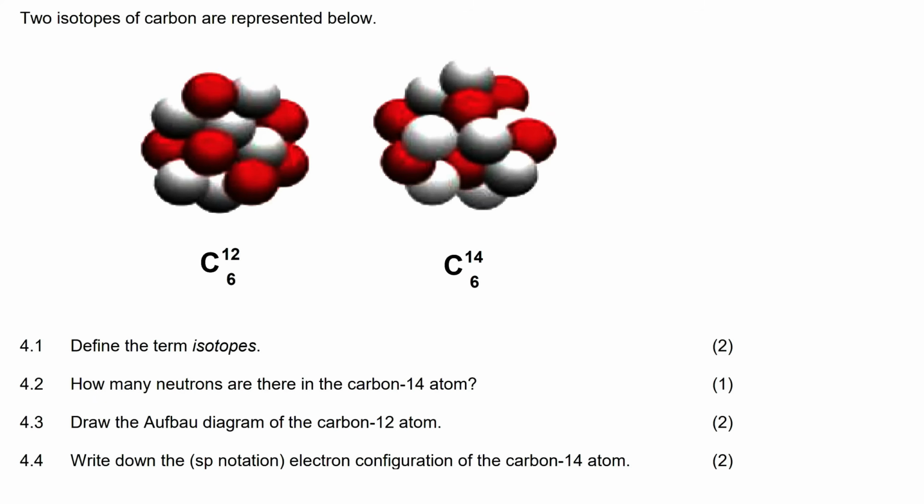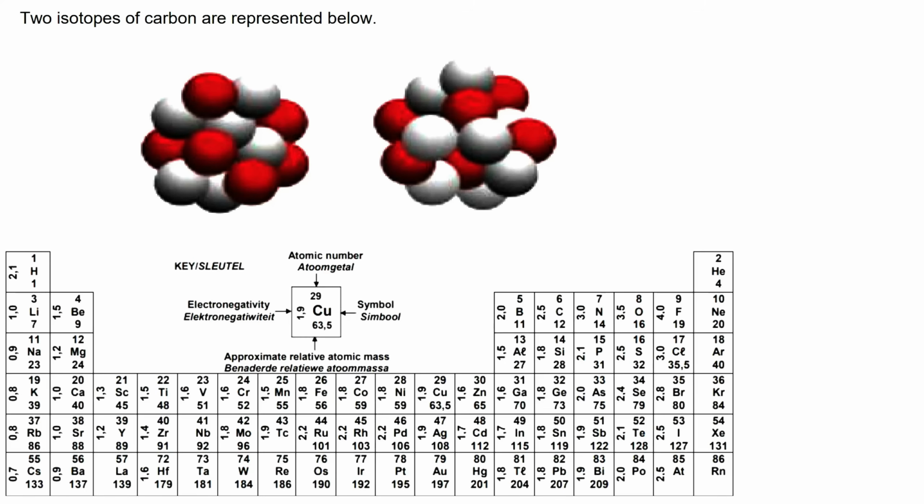2 isotopes of carbon are represented below. First question says define the term isotope. So let's quickly talk about isotopes. Let's say, for example, I show you fluorine, okay? Now fluorine is over here. Now if I show you using that notation where we can show the mass and the proton number, that AZ notation, where this top one is the mass number, and then this bottom one is the atomic number.